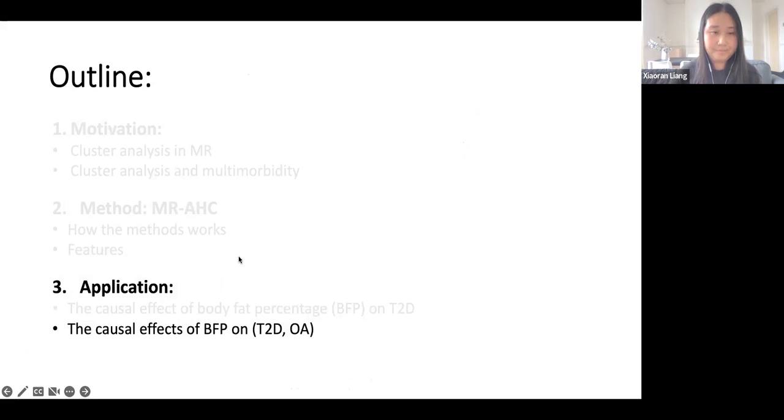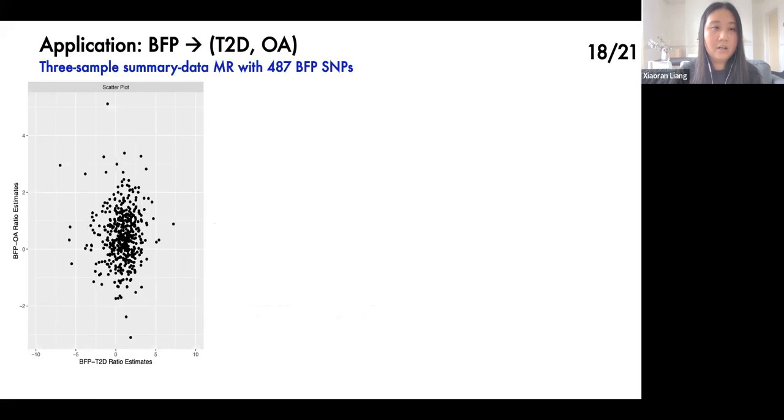Okay, and then we also apply our method to investigate the causal effects of body fat percentage on a pair of multi-morbidity conditions, type 2 diabetes and osteoarthritis. So here we use a 3-sample summary data MR design with 487 SNPs, which are the same as in the previous application. And here is a scatter plot of those SNPs.